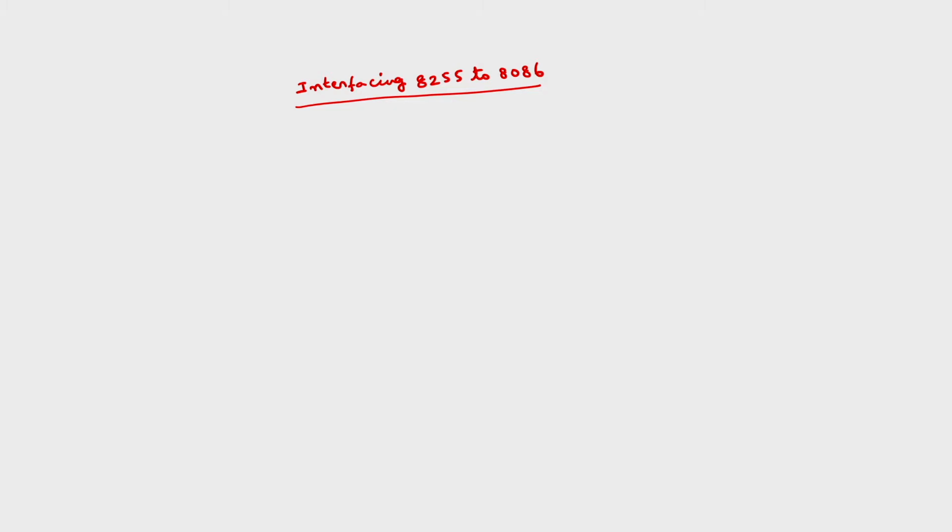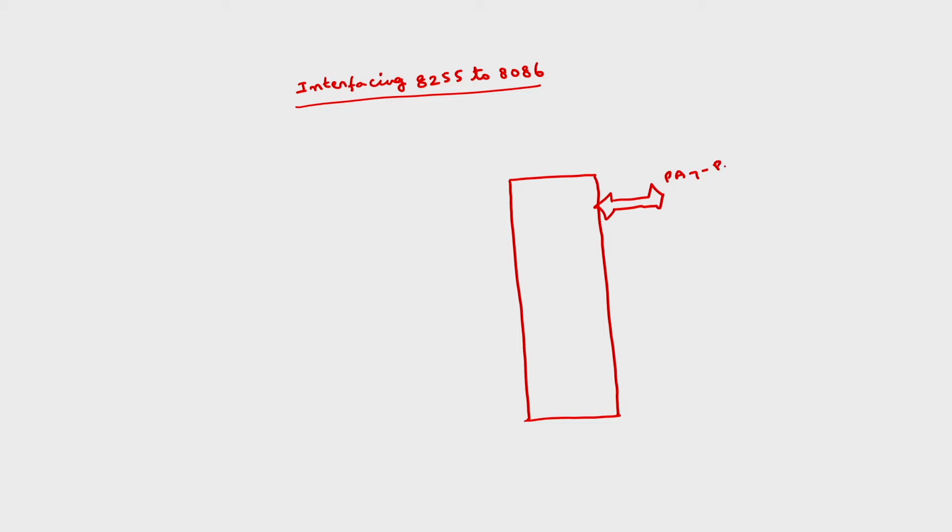We have discussed the pin diagram of 8255. The different pins of 8255 are: we have 3 ports. PA7 to PA0 is port A. Then we have port B, PB7 to PB0, and port C is available as port C upper as well as port C lower.